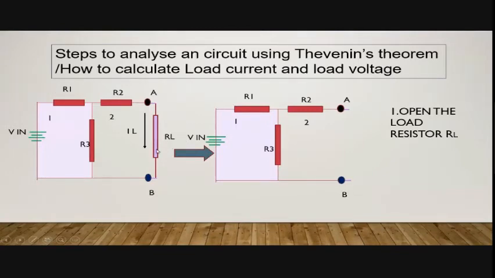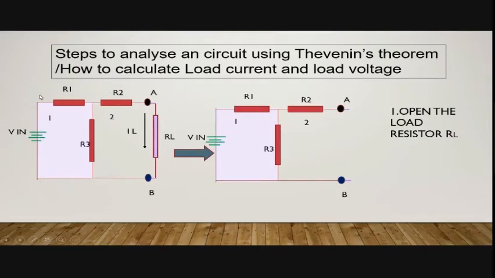So in this circuit, there are 4 resistors, but what we are going to do is neglect this RL and keep it till the end, because we are going to find the load current and load voltage. Between the points A and B, if you remove these 2 points, then this RL will be disconnected. So in this circuit, you are going to have only 3 resistors, R1, R2 and R3, and 1 EMF source, that is V in.